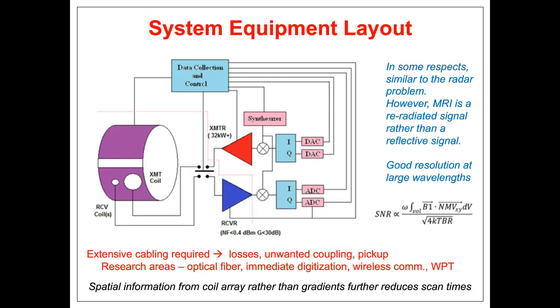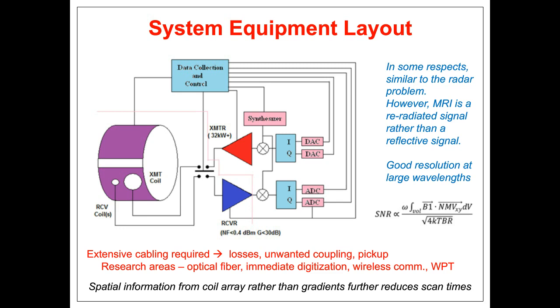So like I said, in some respects, similar to the radar problem, where you transmit a pulse, excite the nucleons, turn the RF pulse off, look at the re-radiated energy coming back from the atoms. And that's the key difference between MRI and radar. So yes, you do have this sort of time delay between transmit and receive.